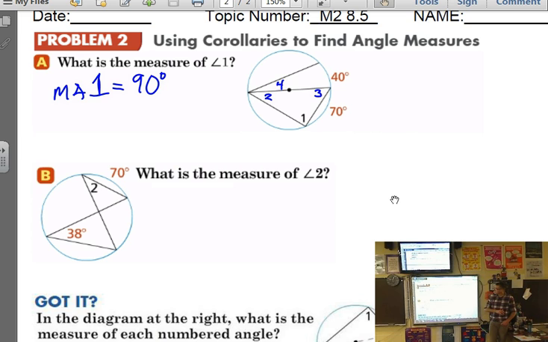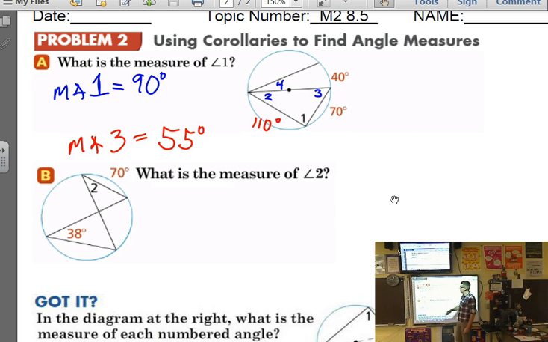What arc do we use for angle 3? It's the supplement to 70. The supplement to 70, or this arc right here that is 110, angle 3 would have to be half that 110, and it would be 55 degrees.